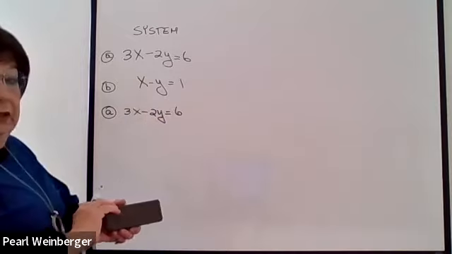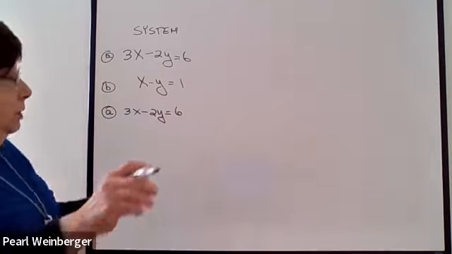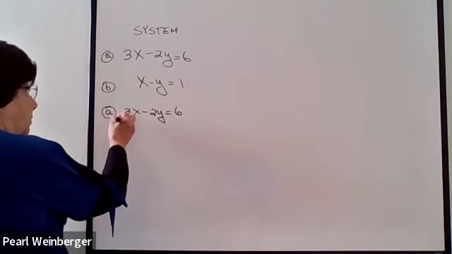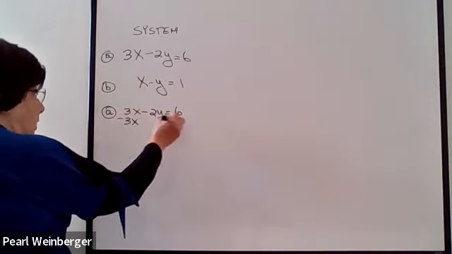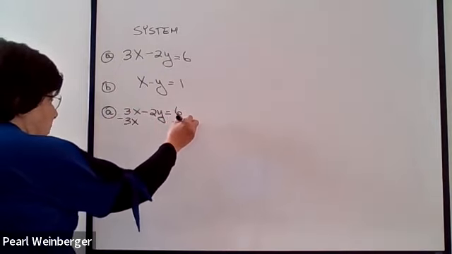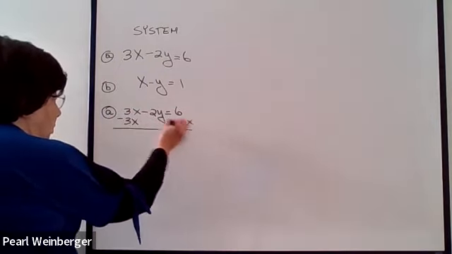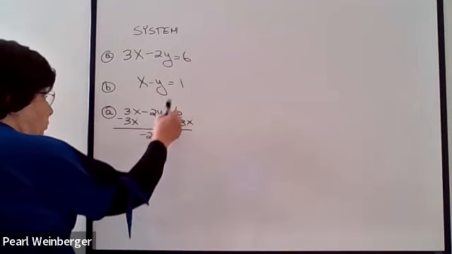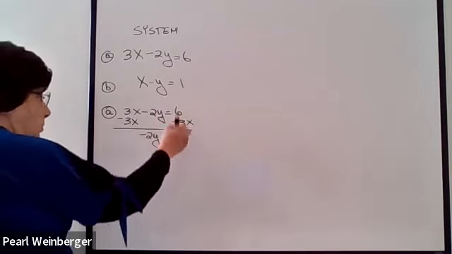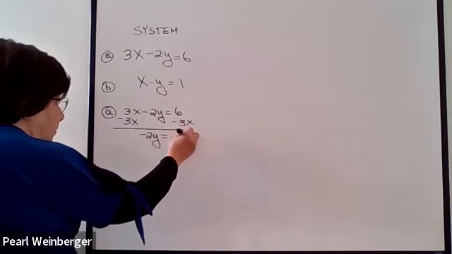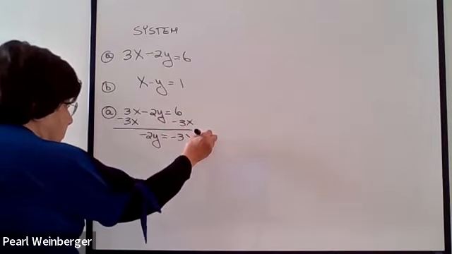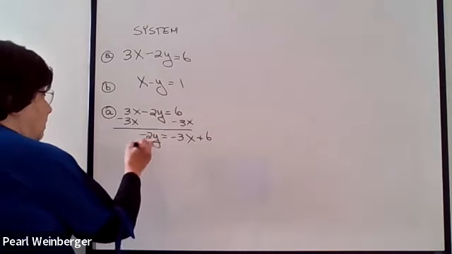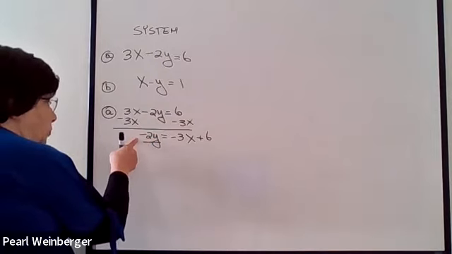So I'm first going to solve this for y. I'm going to get the y all by itself. So minus 3x from both sides, just like we've done before. This gives us negative 2y equals, remember, these are not like terms, so I leave them separately, negative 3x plus 6. And then I divide everything by the coefficient of the y.